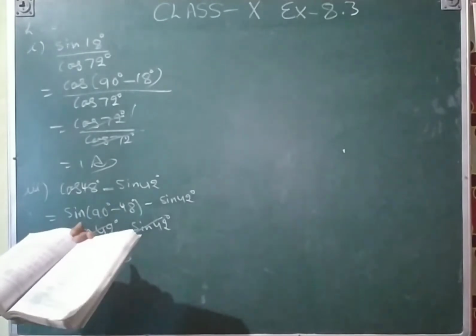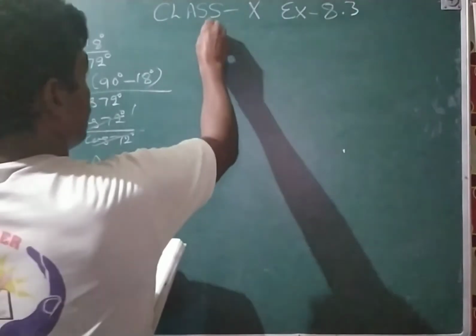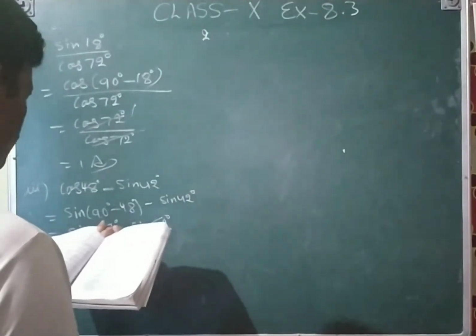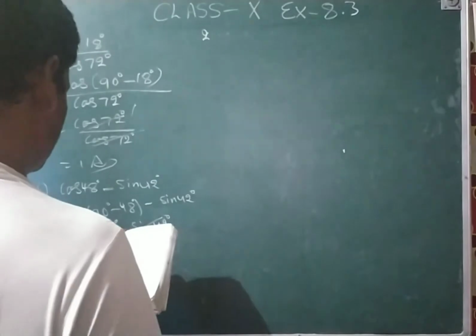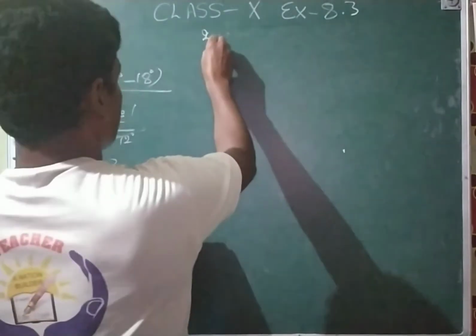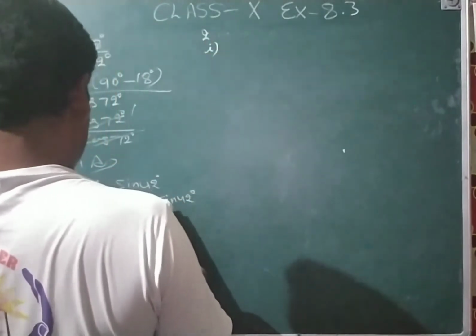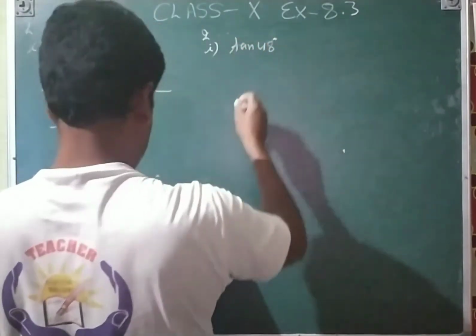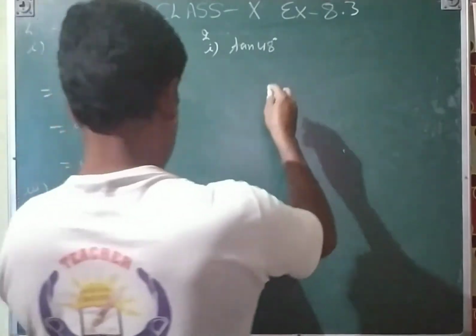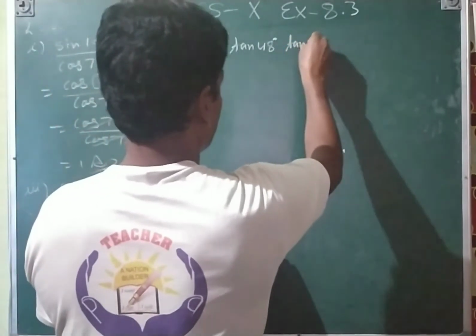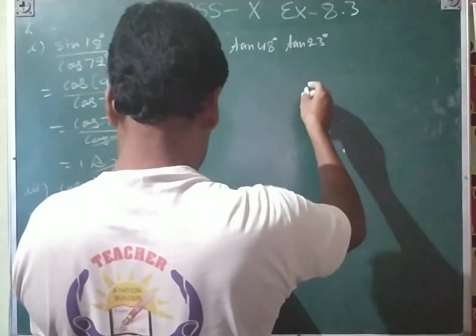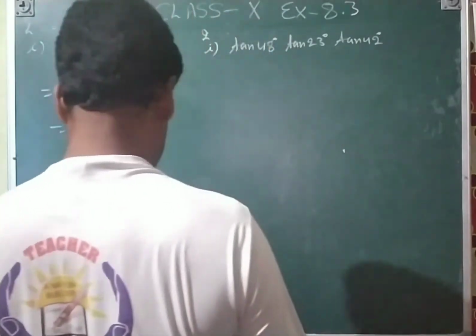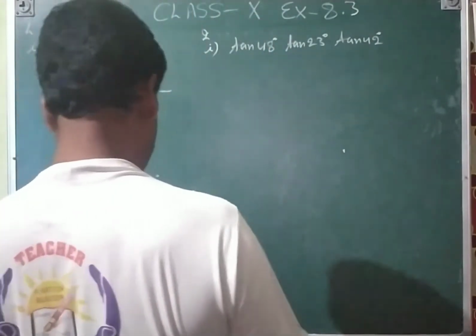The second question also has 2 parts, so I am doing only 1 part, because both parts depend on each other. See the first part: tan 48 degree, tan 23 degree, tan 42 degree and tan 67 degree.